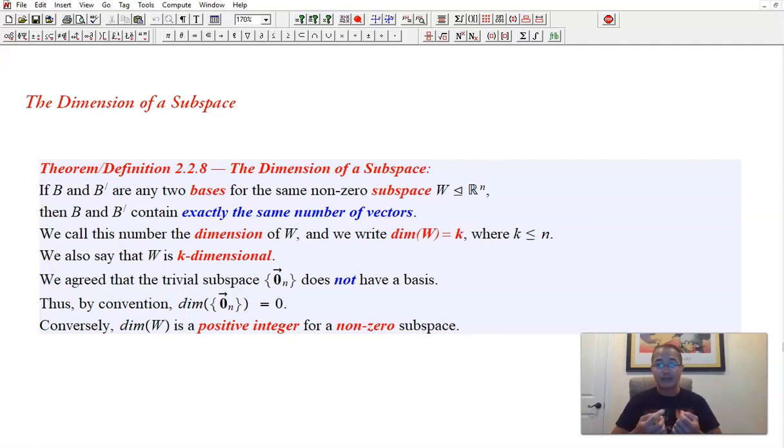A basis has to be independent. So the trivial subspace made only of the zero vector does not have a basis. So we will say that the dimension of that trivial subspace is 0. On the other hand, the dimension of W is a positive integer for a non-zero subspace W.